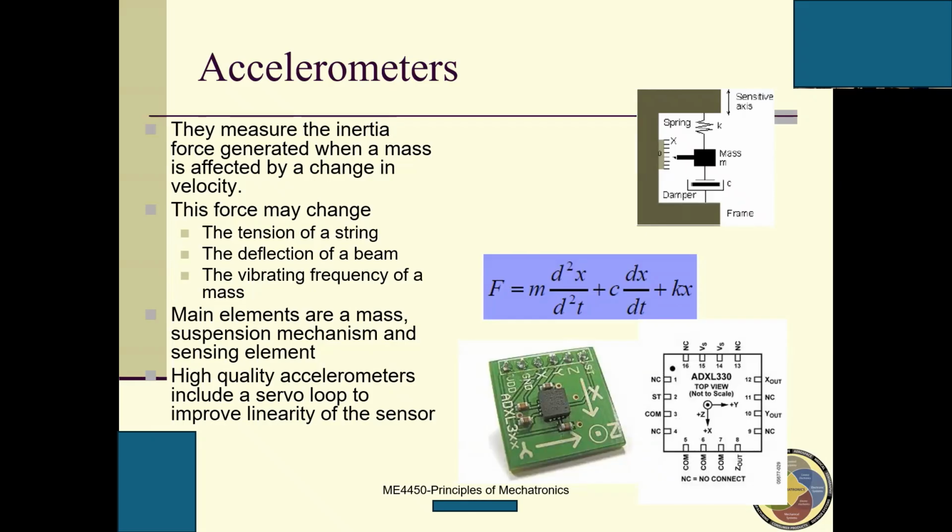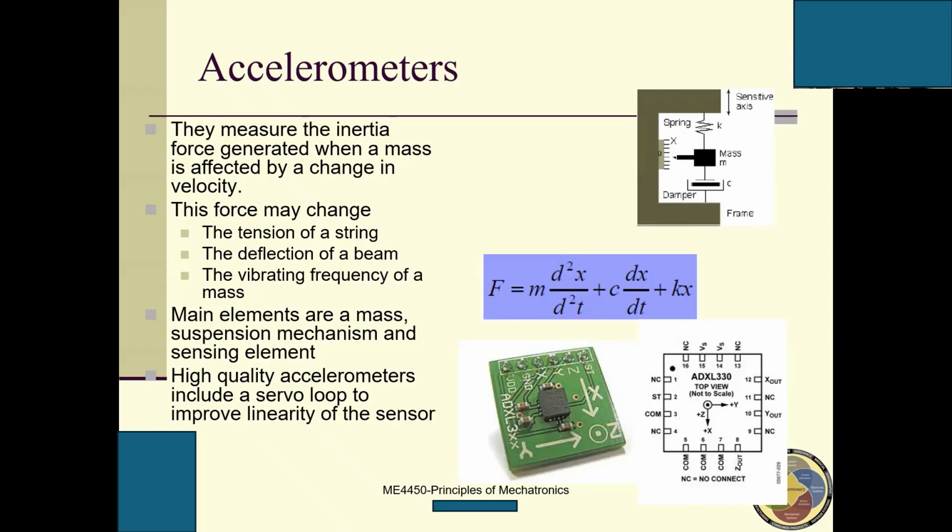So we have the frame, we have a damper, we have a mass, and we have a spring. This force may change the tension of the spring, the deflection of the beam, or the vibrating frequency. They use this equation: the force equals ma plus the damping coefficient c multiplied by the velocity, plus kx, where k is the spring constant and x is the deflection.